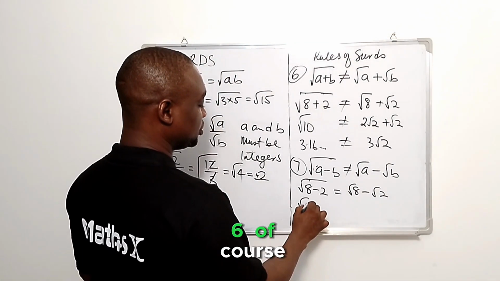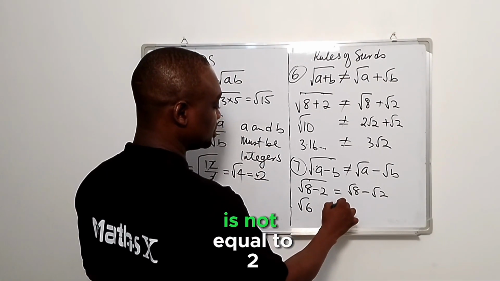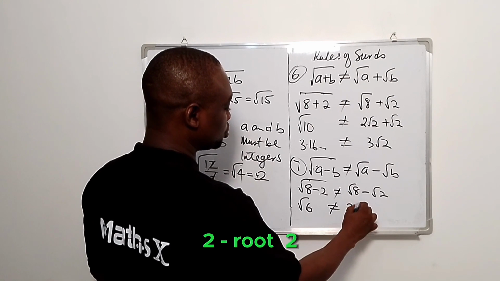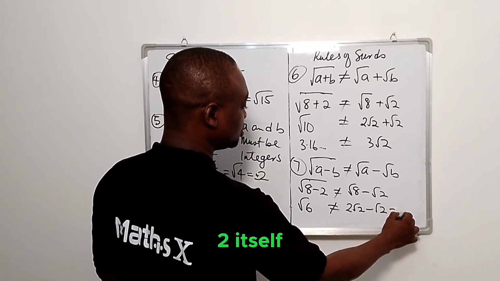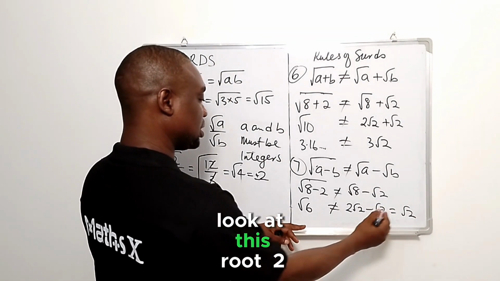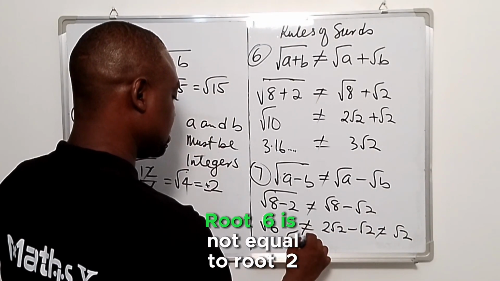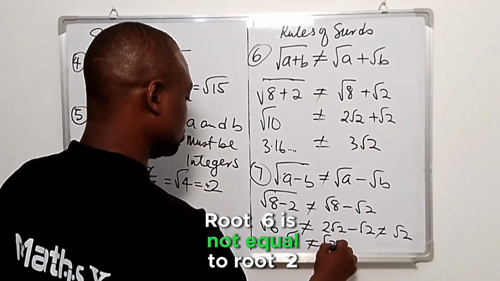This is square root of 6, of course, is not equal to 2 root 2 minus root 2. 2 root 2 minus root 2 is root 2 itself. So look at this, root 6 is not equal to root 2.